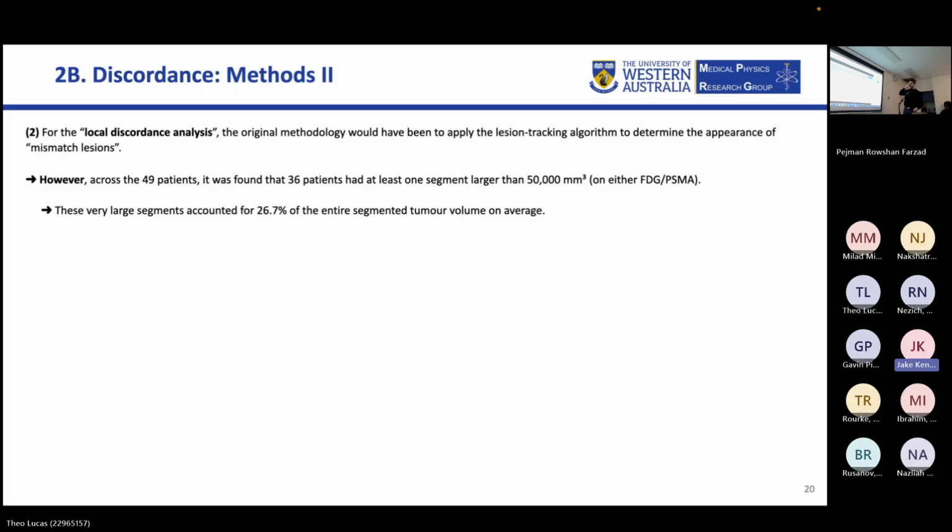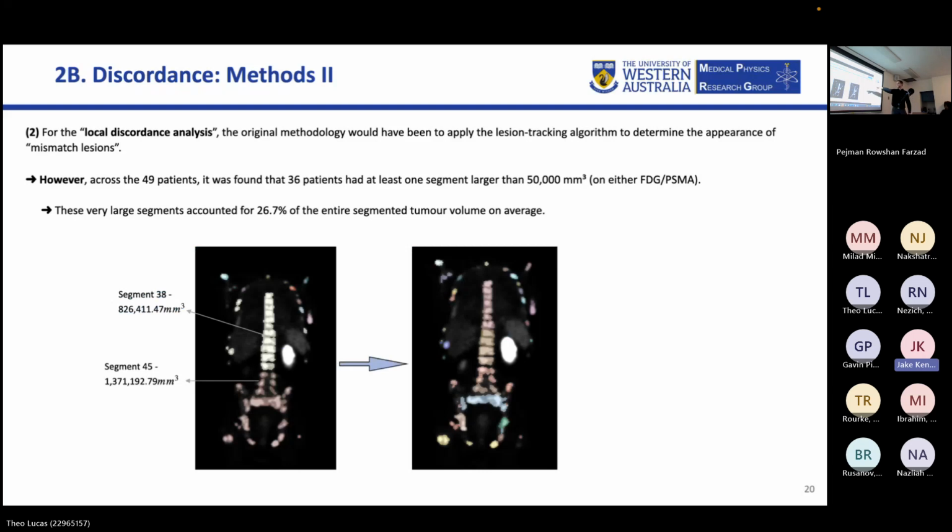But it was quickly found that across the 49 patients, 36 had at least one segment larger than 50,000 cubic millimeters. What I mean by this is, if we look at the image on the left, that segment is so large that it no longer makes sense to try to match it to another lesion in a lesion tracking framework, right? It's more a region of disease rather than an individual lesion.